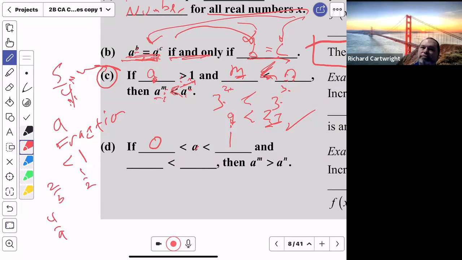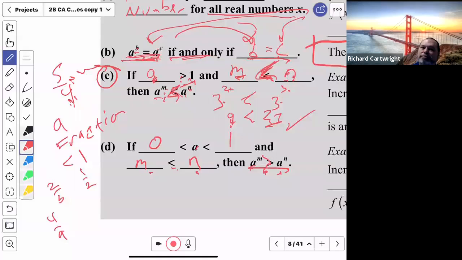And let m be less than n. Again, m is less than n. Then she's saying that a to the m now is not less than, but greater than. It switches that symbol.